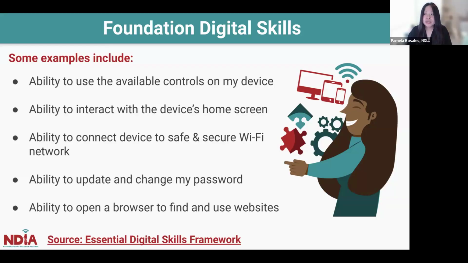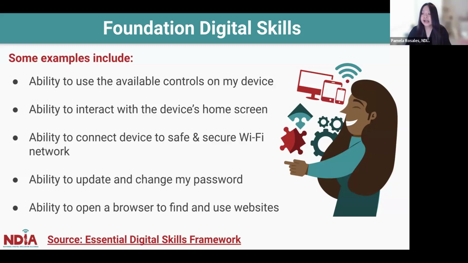So at NDIA, we recommend the Essential Digital Skills Framework. This is intended to support adults seeking to improve their digital skills. So this includes skills like knowing how to turn your device on and off, knowing how to check the battery of your device and knowing when it needs to be recharged. Also knowing what the different controls of your device do. Where's the home button? How do you increase and decrease the volume?